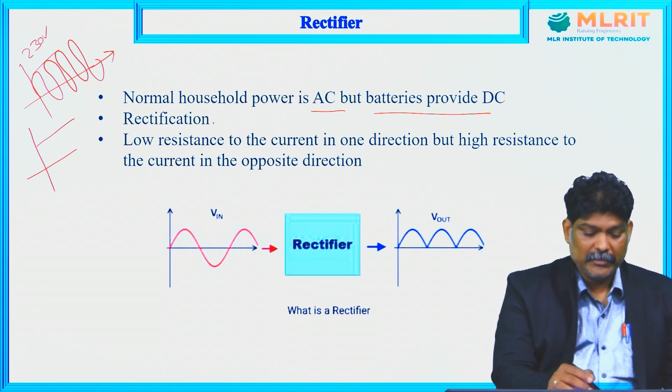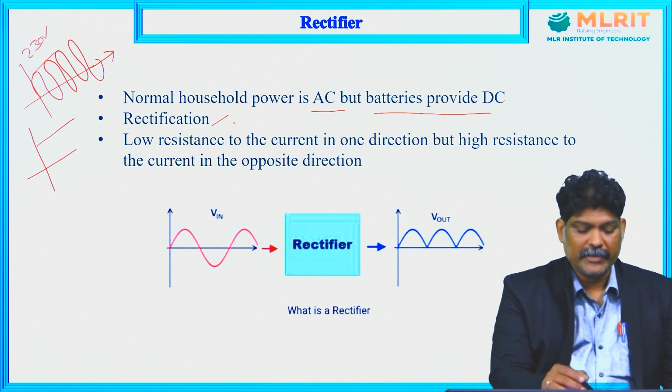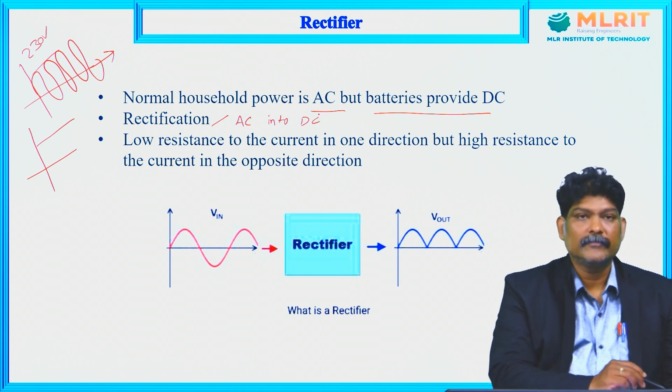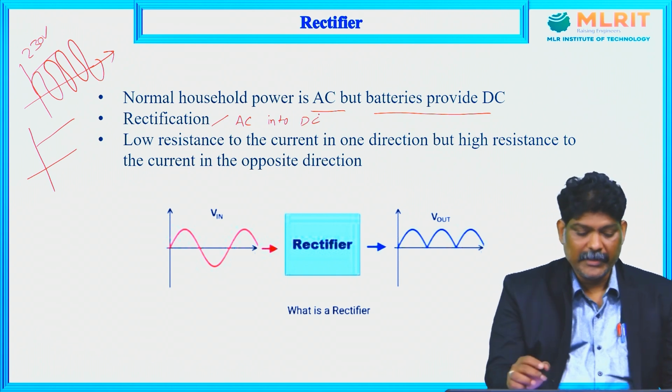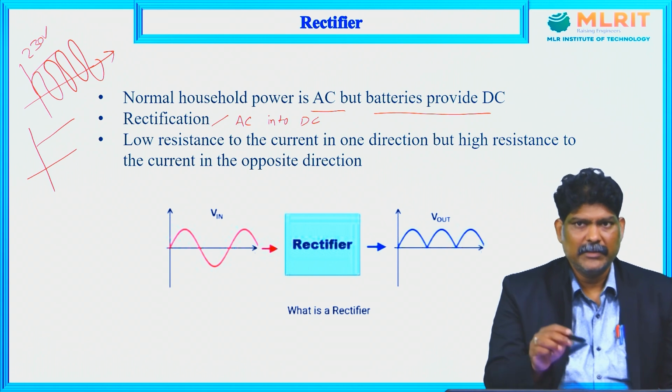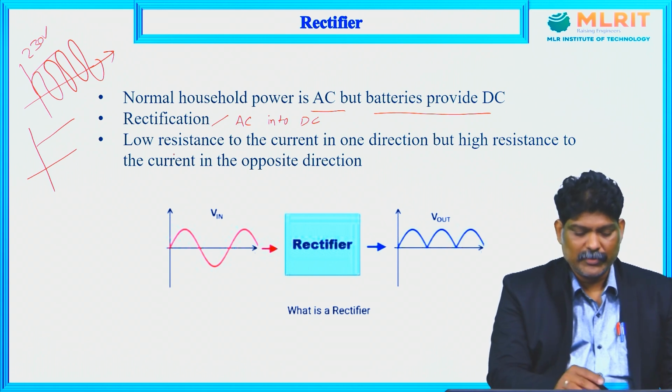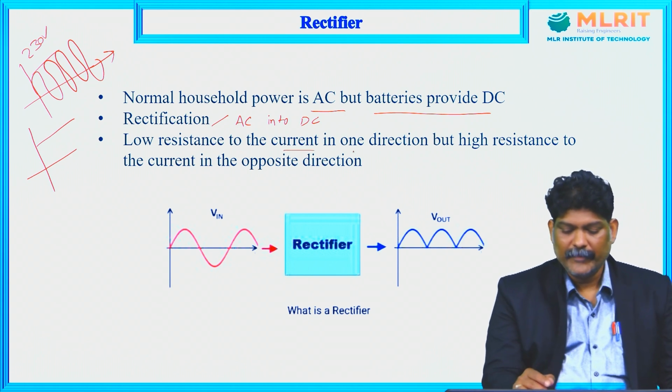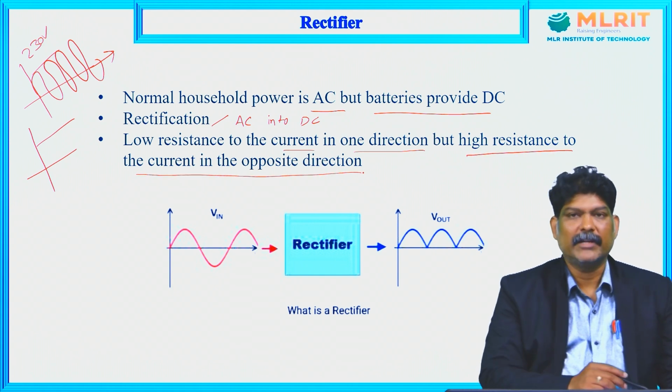Rectification means the device which converts AC into DC. All power supplies need this DC because all electronic devices work under DC conditions only. It has low resistance to the current in one direction, but high resistance to the current in the opposite direction.